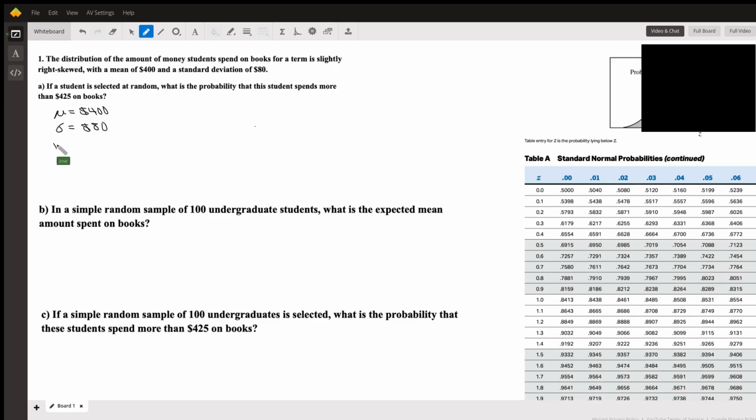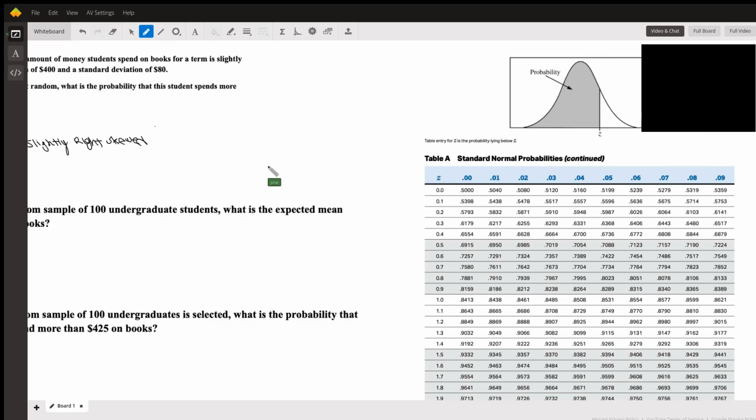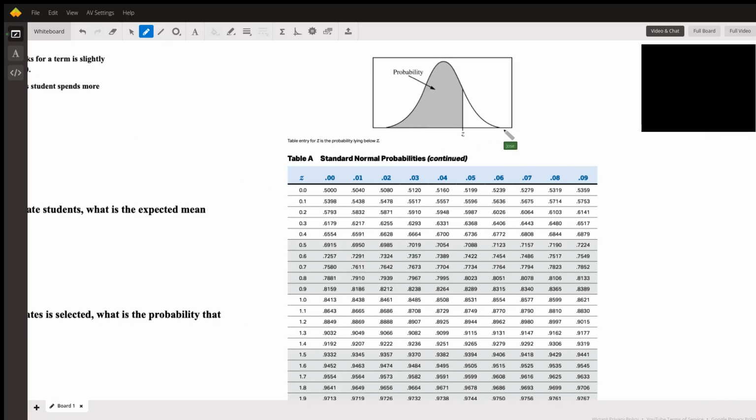We're also told that the distribution here is slightly right-skewed. Okay, so what does that look like? Over here on the right side, I have a normal distribution. A slightly right-skewed distribution would be something along these lines.